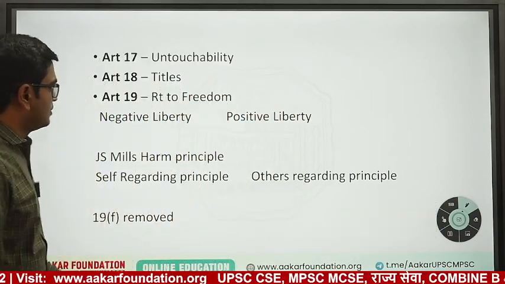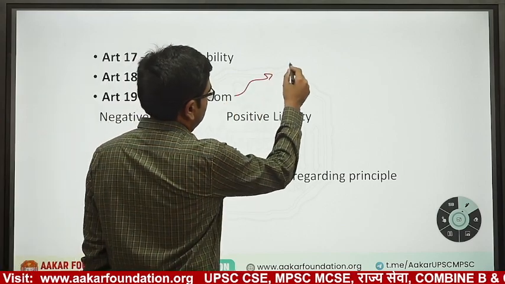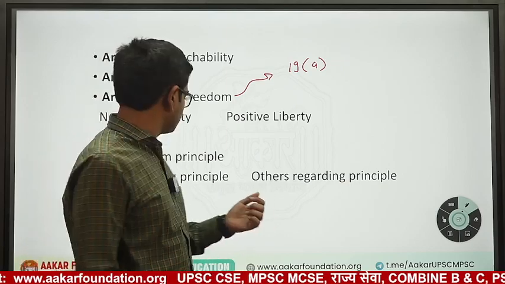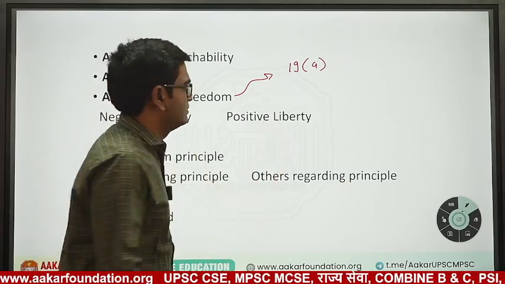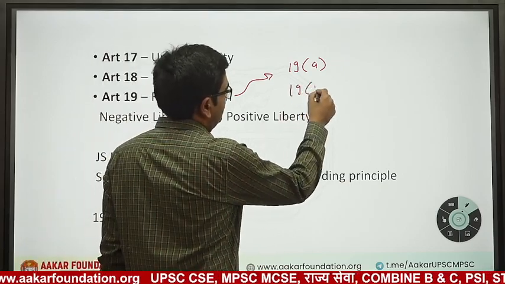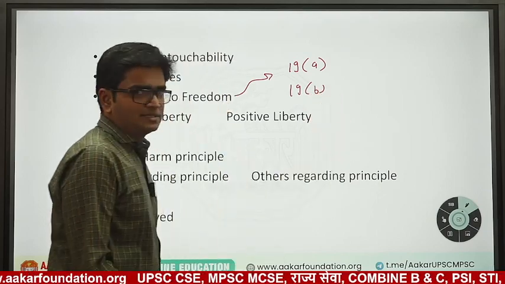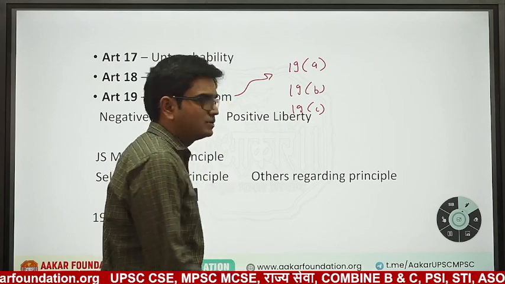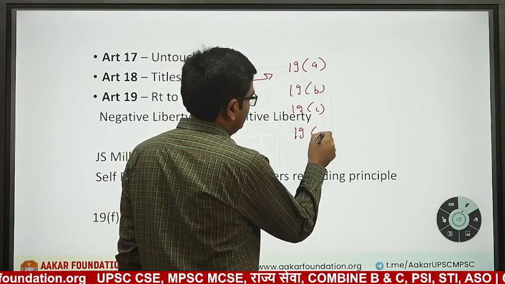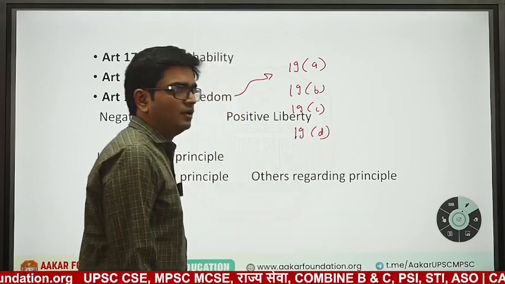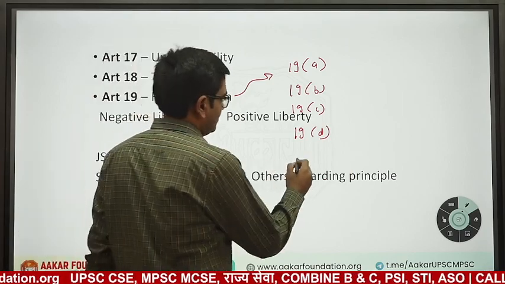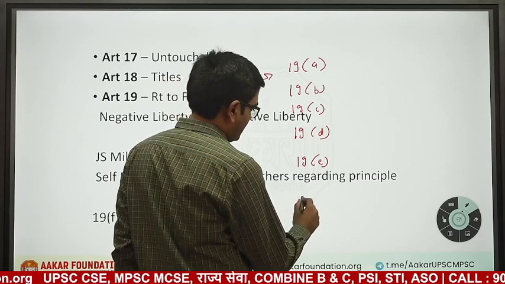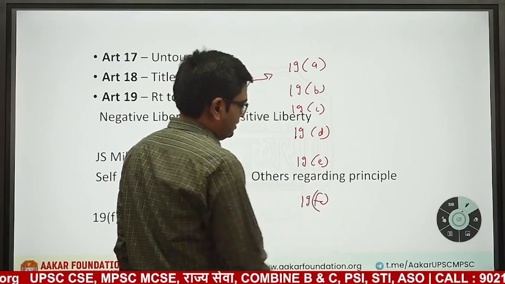Now if I go on listing the articles here, 19A talks about freedom of speech and expression. 19B talks about freedom of assembly. 19C talks about freedom of forming unions, cooperatives. 19D talks about how you can roam in any part of the country. 19E talks about how you can settle in any part of the country. 19F, this was the right to property.